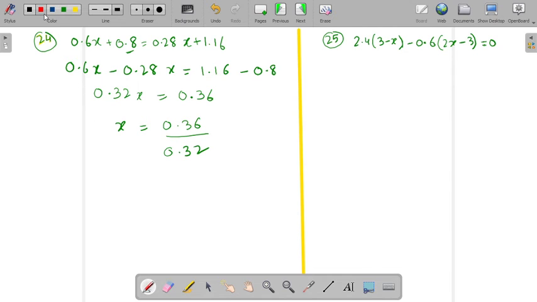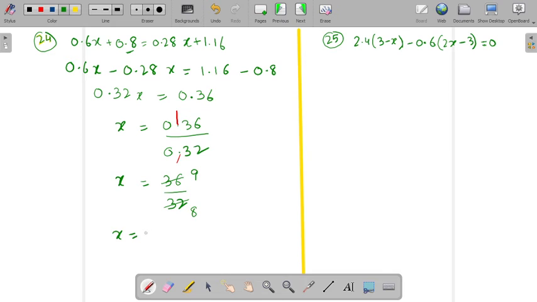Now what will we do? The decimals will be removed. Now this will become 36 upon 32. 36 upon 32. Now you can cancel it. With which number does it go? It goes with 4. So cancel it with 4. 32 divided by 4 is 8, and 9.